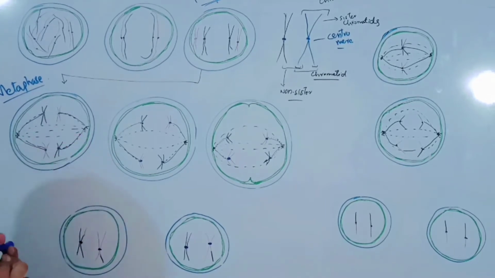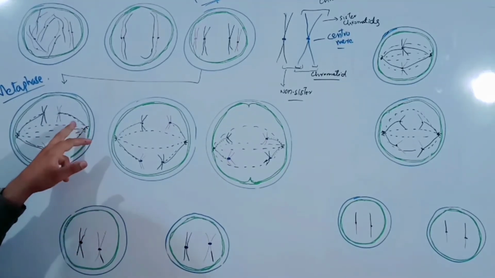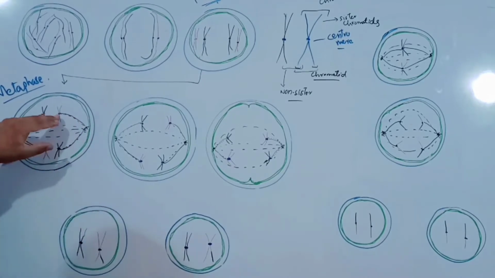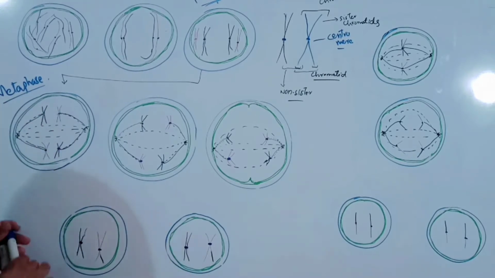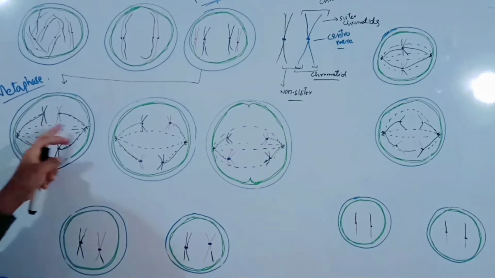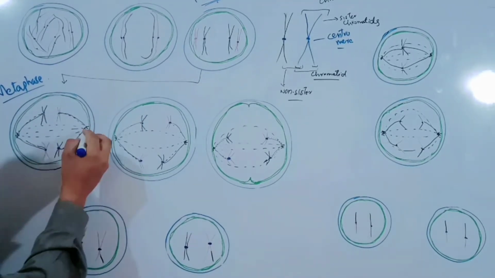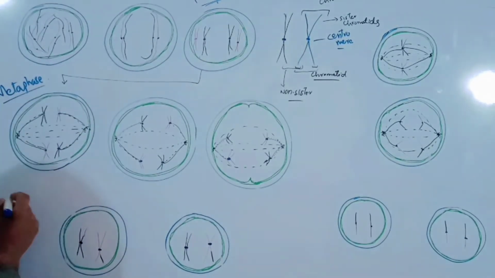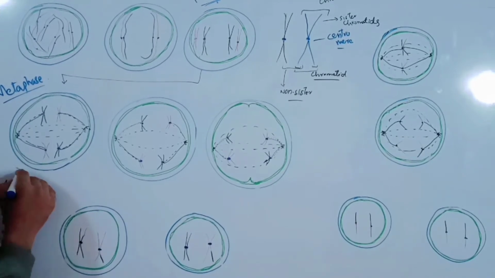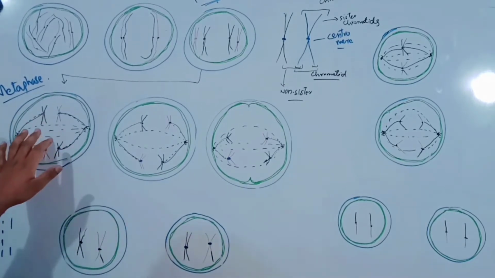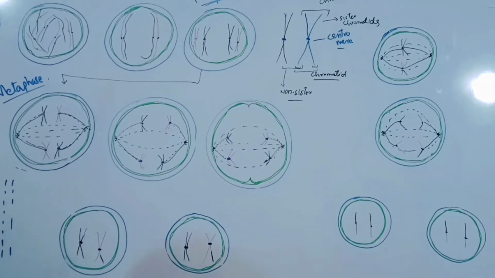From the centromere, the meiotic spindles grab the homologous chromosome, and they try to pull it towards the corners, towards the poles, right? Next, this is forming the central arrangement of homologous chromosomes in the whole cell. If we take the whole cell, we are just having two homologous pairs of chromosomes for our better understanding.